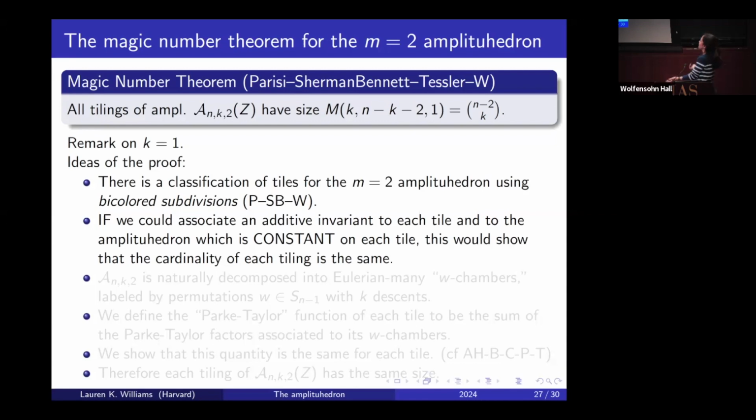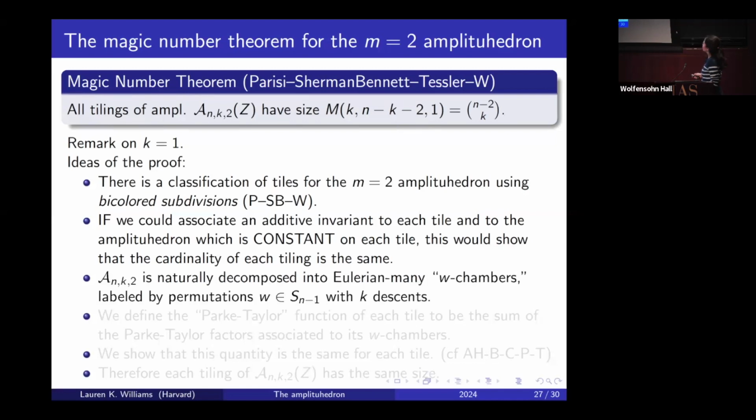If you were trying this for some class of polytopes, and showed that the volumes of all your potential simplices were the same, this would show that all your tilings have the same size. So we need to find the appropriate additive invariant for every tile.